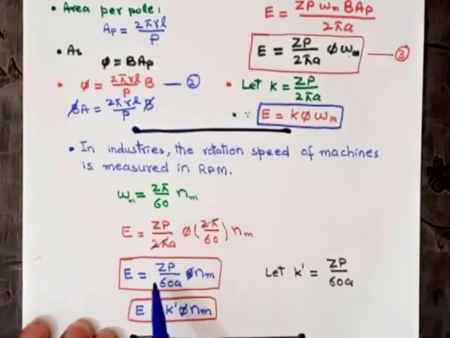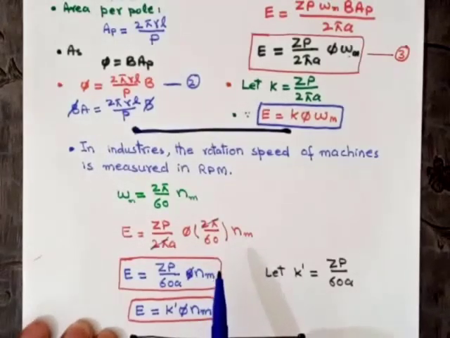The remaining equation will be ZP over 60A into flux into N. The unit of N is revolution per minute. This is the equation of internal generated voltage of real machines in case of revolution per minute speed.